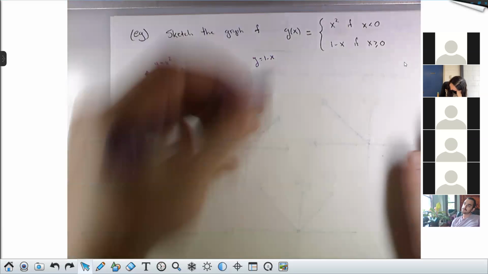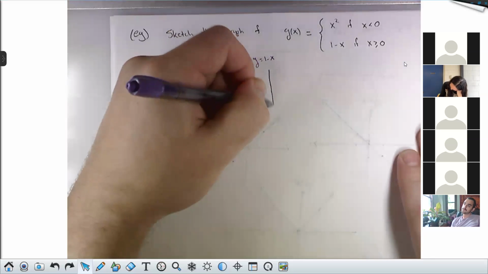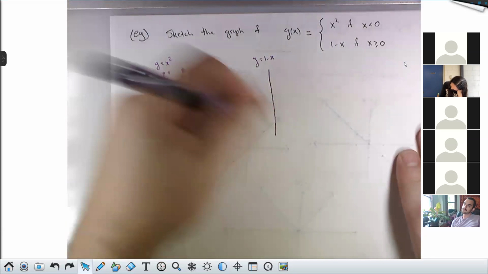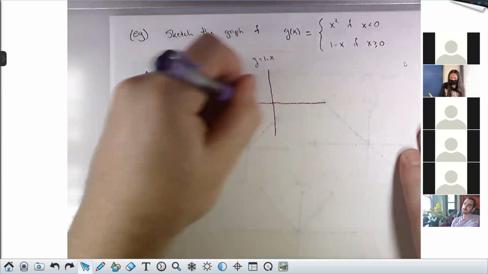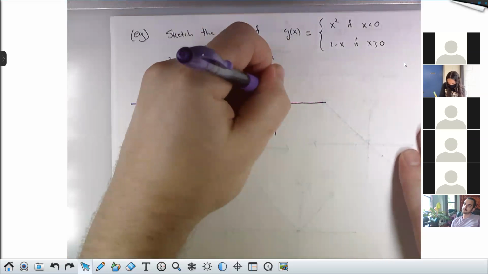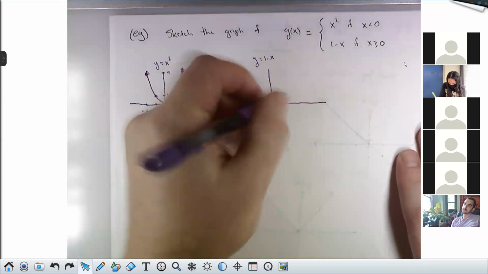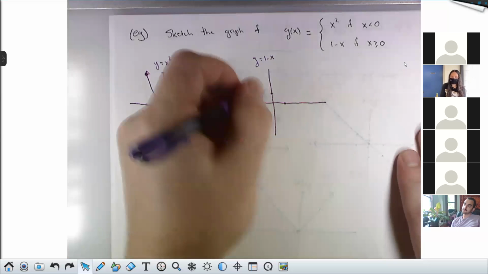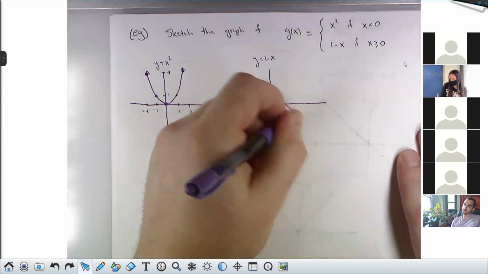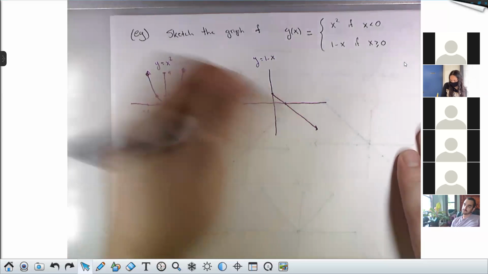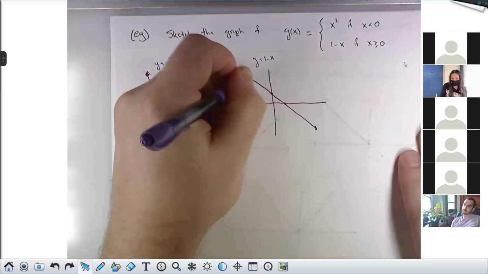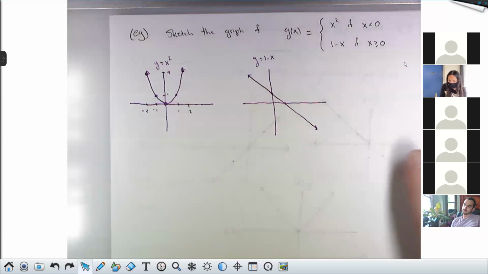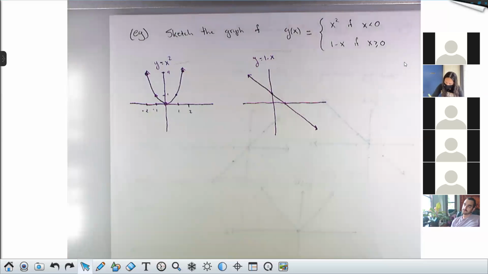The graph y equals 1 minus x. That's the same as -x plus 1. So that's a line with y-intercept 1 and slope -1. Like this. Now I'm going to look at the restrictions.